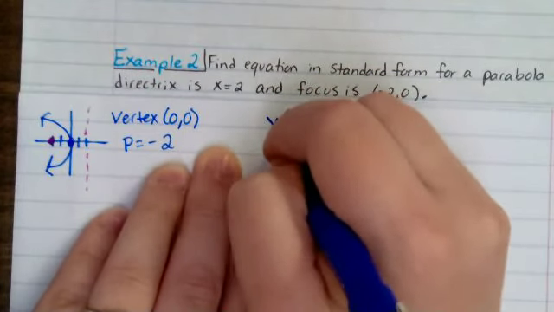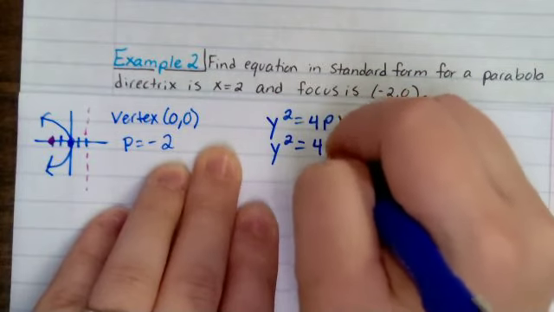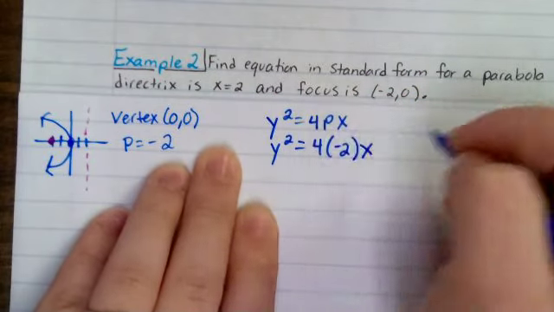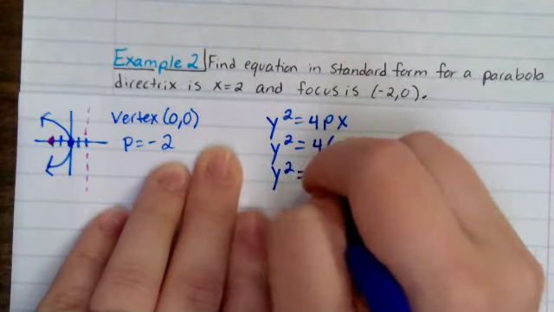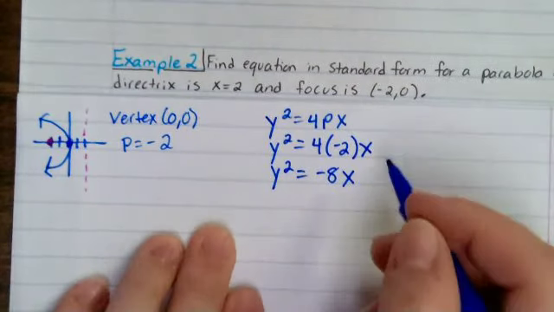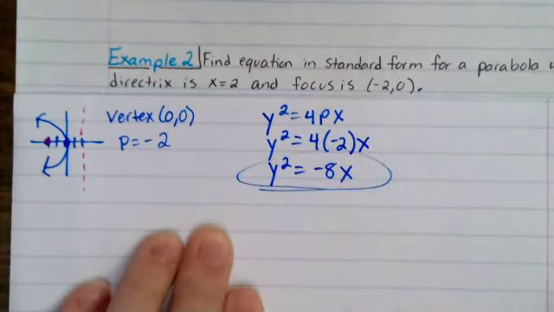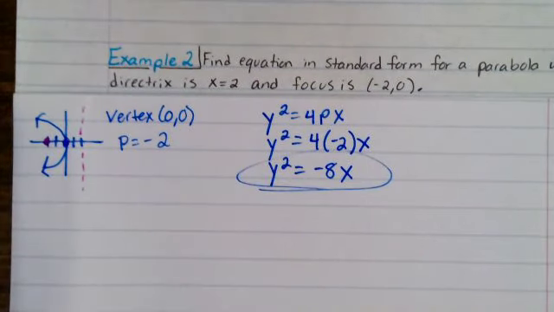We just found what p is, which means that we get y squared equals negative 8x there. And that's the equation they want. So really, I don't know if you've noticed, but that's kind of a running theme. Getting that p-value is one of the first steps in most of these problems, okay?